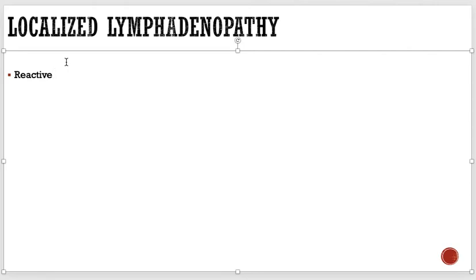Because we are studying localized, for example, if I talk about cervical, which are in the neck, what can be the causes of cervical lymphadenopathy? Think in the same way. Infections, which could be bacterial, viral, or anything. Malignancies, ENT malignancies can give it, or any malignancy in the head and neck.